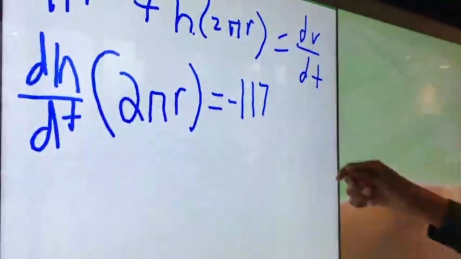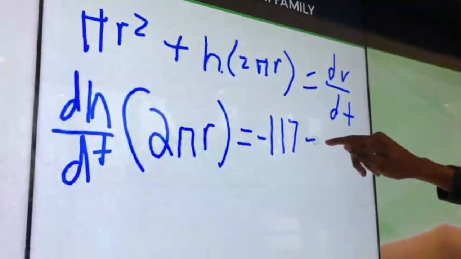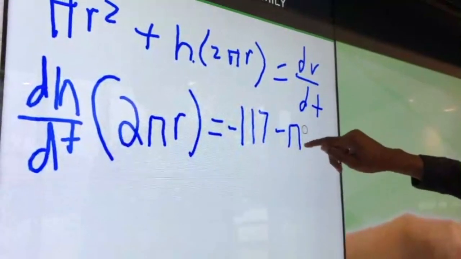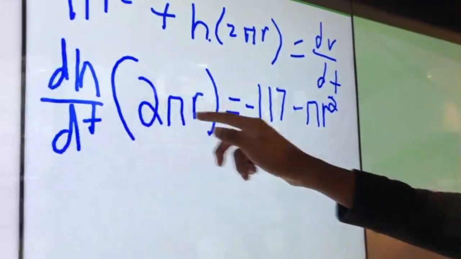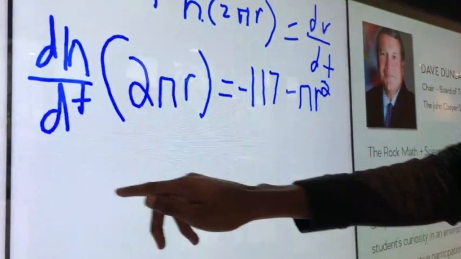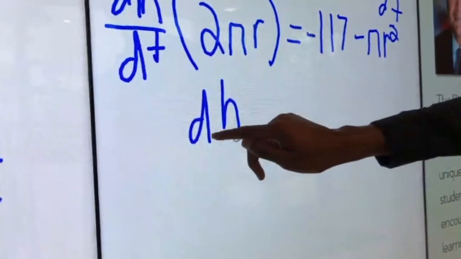Yes. And then we can subtract pi r squared from the other side of the equation. And we can put all of that over, and then we simplify it down to this.